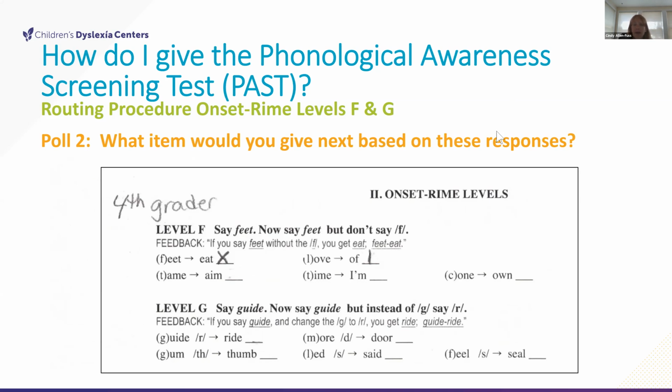Tame, time, guide, or gum? 10 seconds left. You're still working on the poll.